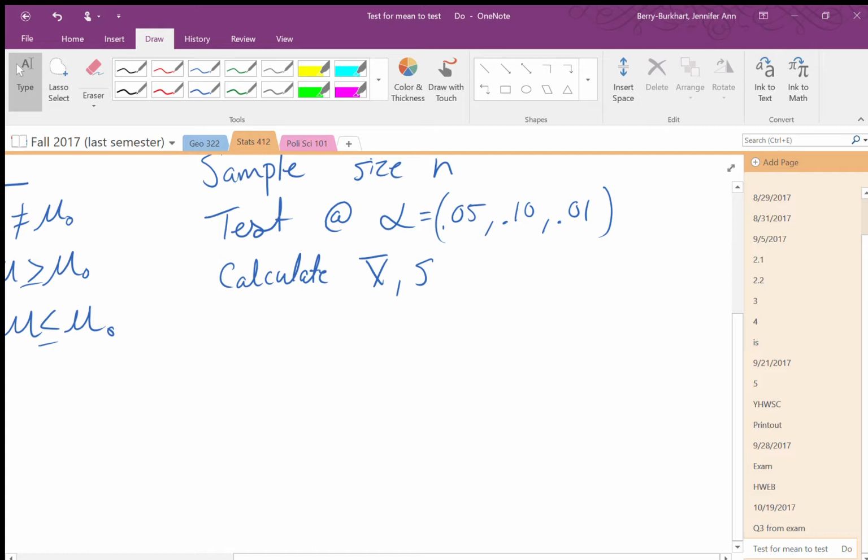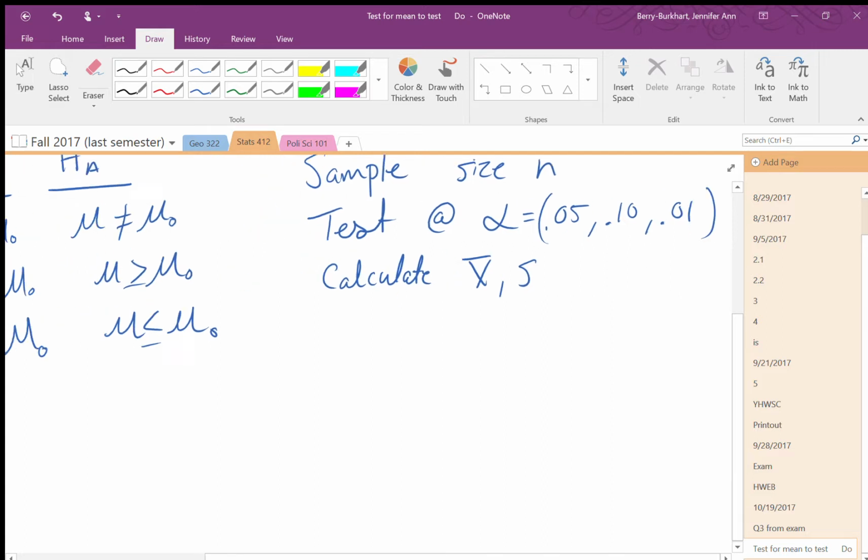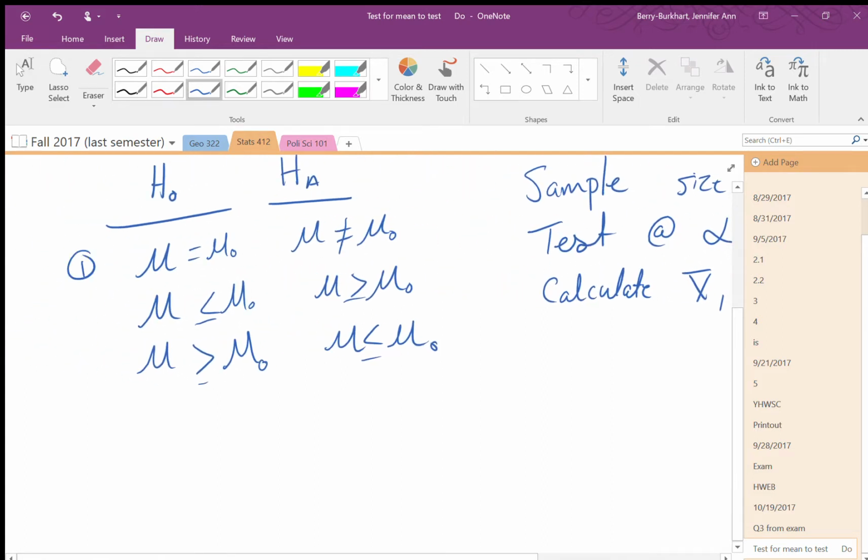If x bar is either far below or, in general terms, far above, some extreme value under the assumption that mu is equal to mu naught, then I'll reject this. All right? Doesn't that make sense? I'm only going to reject this if x bar is really big or really small under this assumption. That's my null hypothesis. Does that make sense?